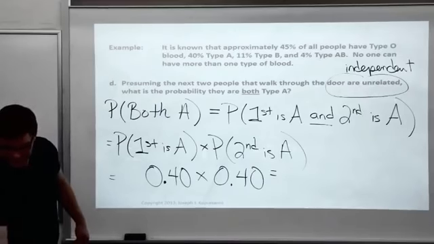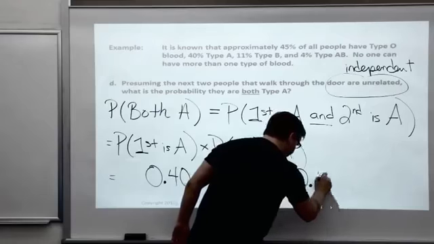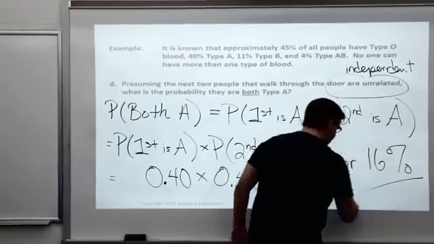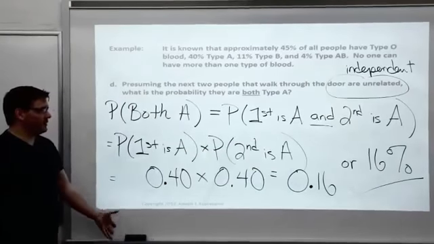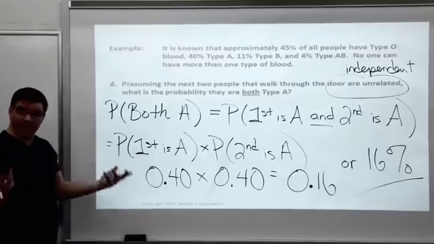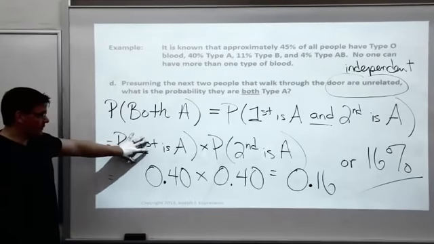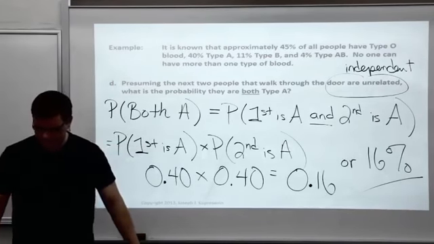All right, good for me. 0.16. And we should be good at this by now, but that's 16%, right? So 2 randomly selected people, 16% chance both of them, the next 2 people, are both type A. And we use the multiplication rule for independent events. Okay.